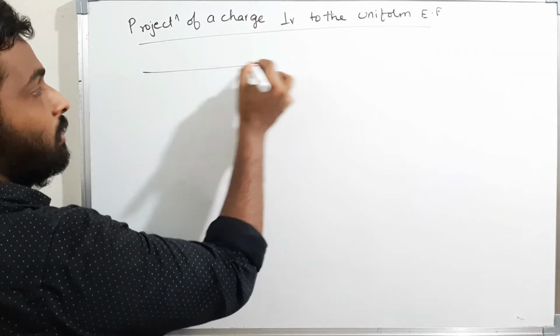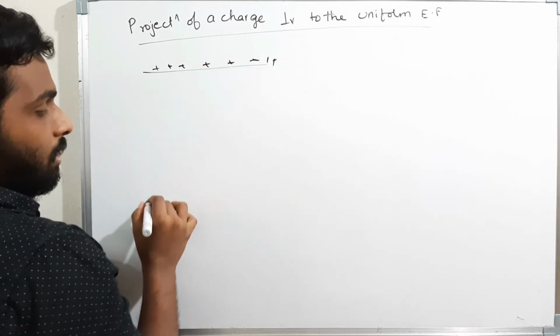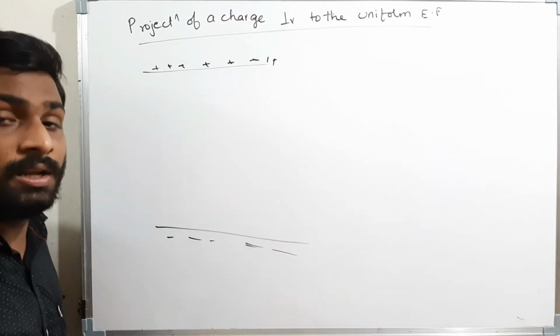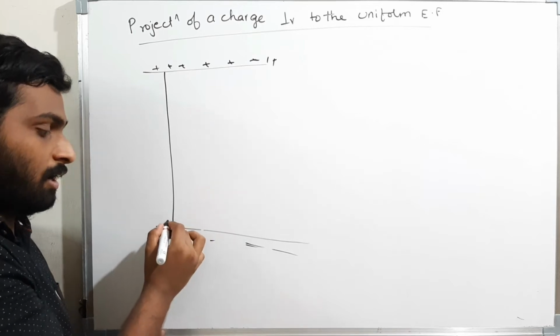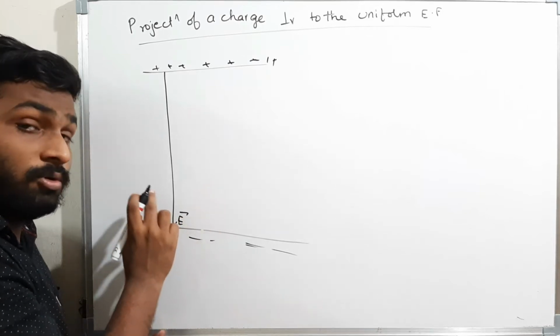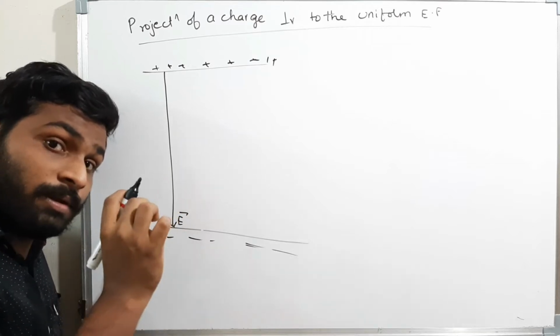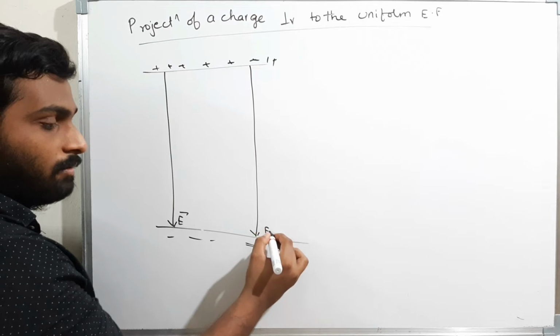See here. These are two parallel plates. Now there is one more parallel plate, negative charge. Now in which direction will the electric field be? The electric field will be vertically downwards. This is the electric field direction, that is E bar. It is a uniform electric field. Everywhere the electric field intensity will be the same. Okay, now well and good. Now I got the electric field E bar.